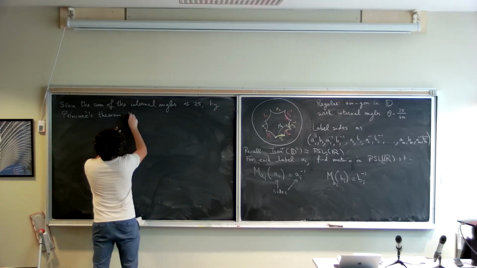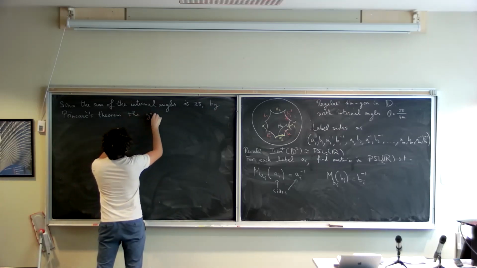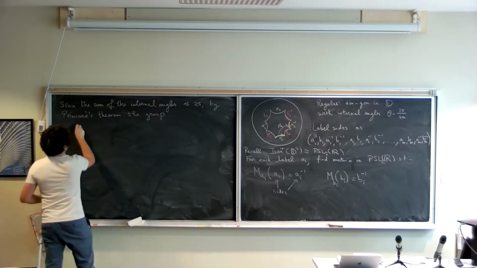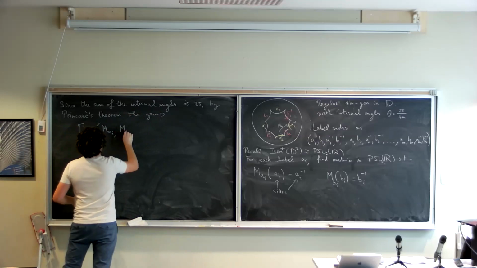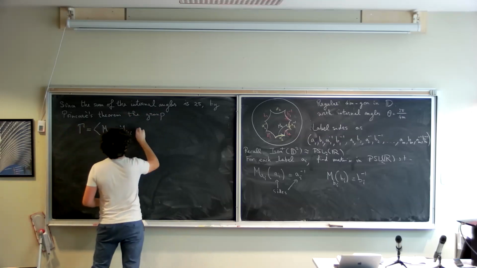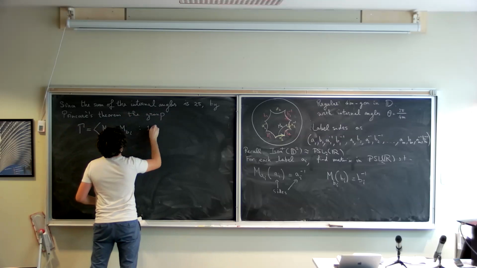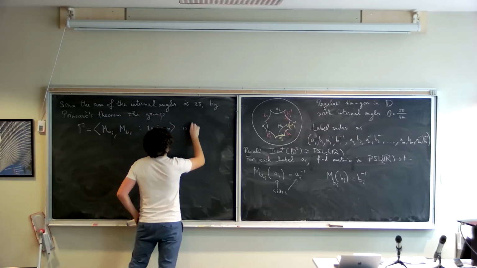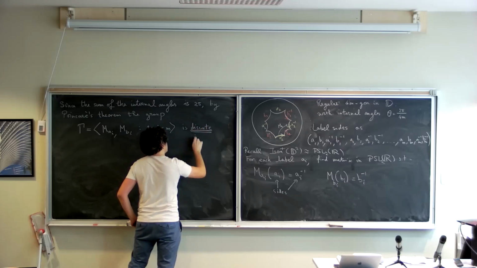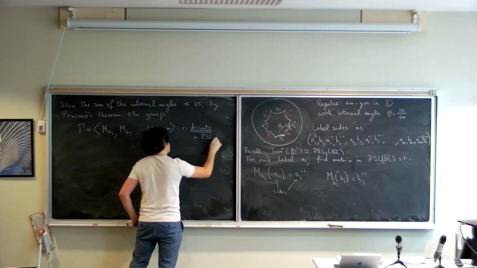So the group gamma, which is generated by these matrices MAI and MBI, is discrete in PSL2R.